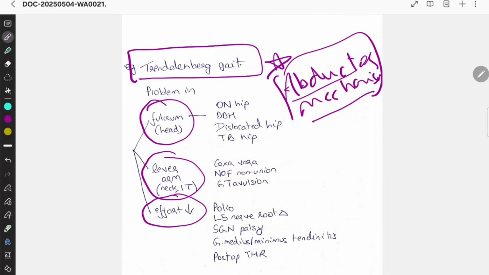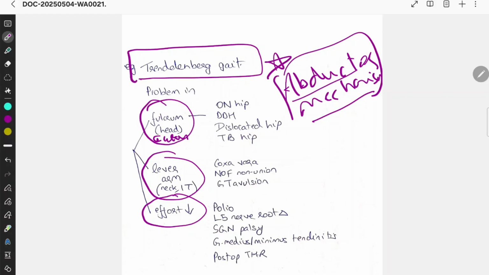What is the fulcrum? The fulcrum is at the junction of the femoral head and acetabulum. What is the lever arm? It is the femoral neck and the intertrochanteric region, and these are bony structures. How does the mechanism work? By effort, that is, by gluteus medius and gluteus minimus.